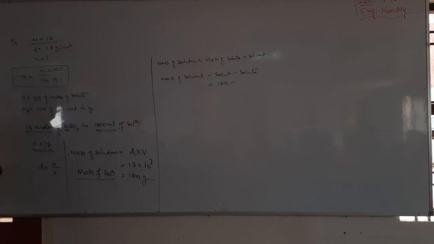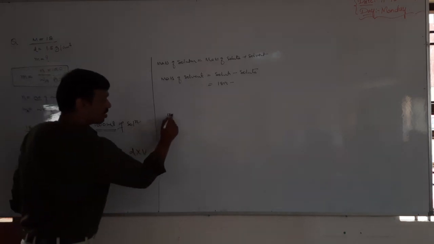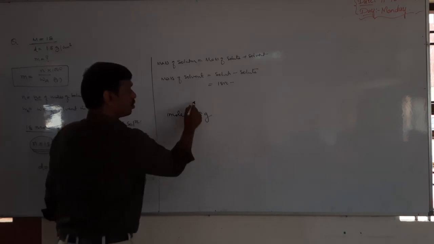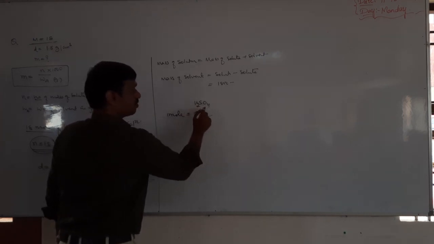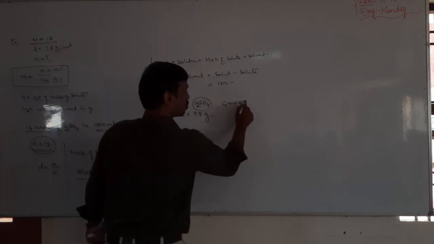So what is the number of moles of solute? 18 moles. It means 18 moles of sulfuric acid is dissolved. 1 mole sulfuric acid means 98 grams, because gram molecular mass equals 1 mole.